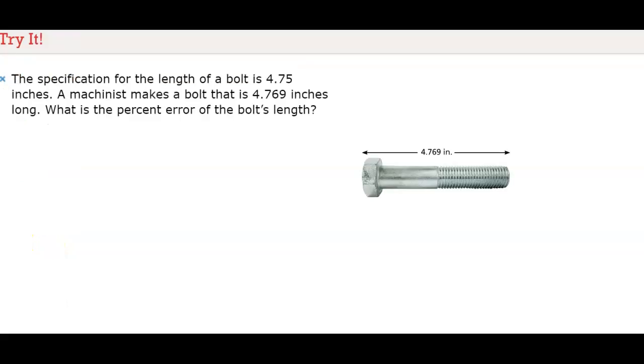The specification for the length of a bolt is 4 7/75 inches. A machinist makes a bolt that is 4 7/69 inches long. What is the percent error of the bolt's length? Okay, let's follow the example. It said to take the difference.